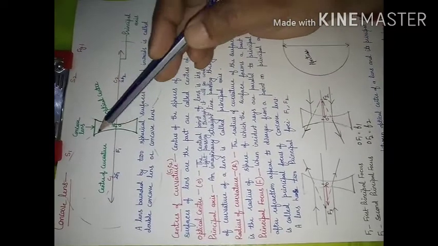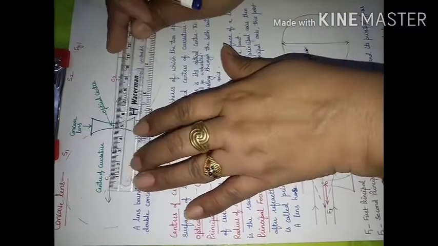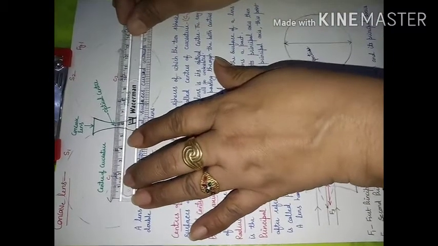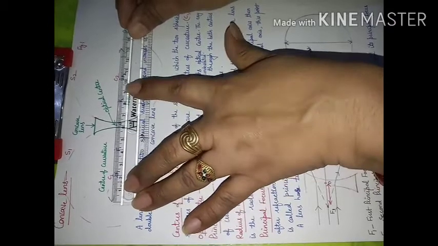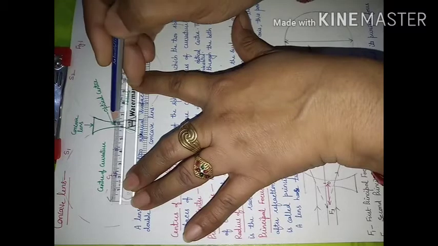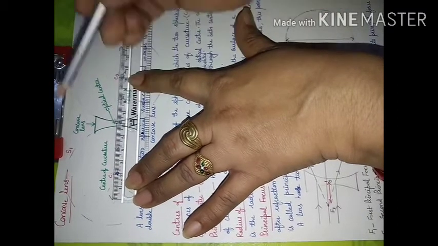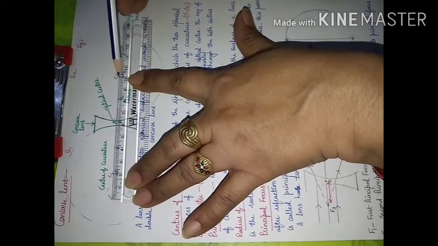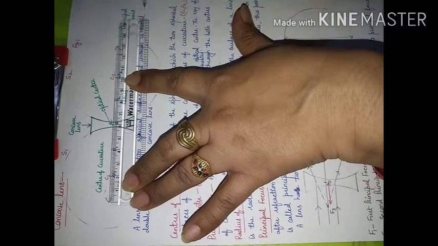And if you want to draw this lens, then what you will do, you will consider a line. Let us consider I have kept the scale like this. Then I will mark 1 point at 6, 1 point at 4, 1 at 2, 1 at 8 and 1 at 10, and I will draw a line joining all these points.